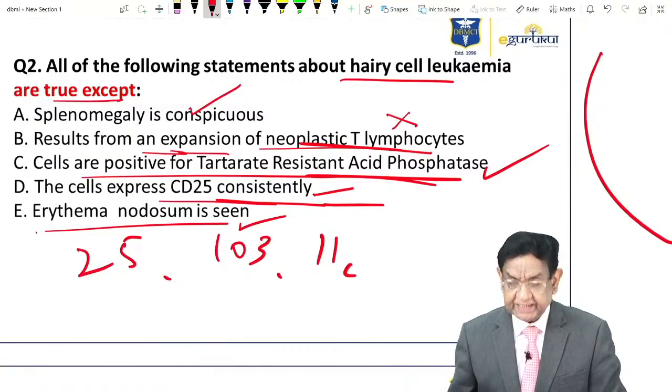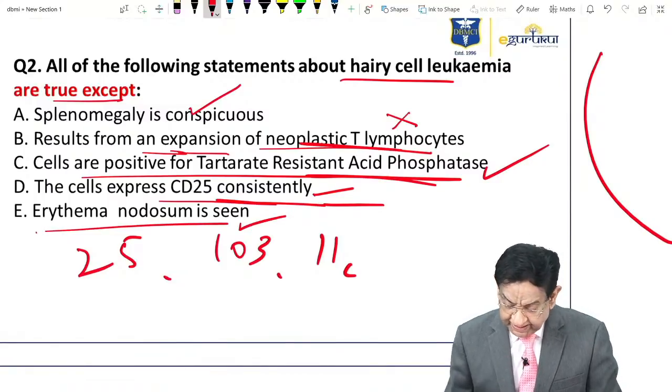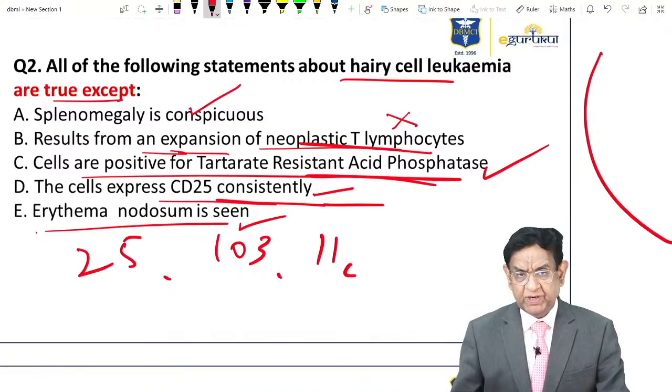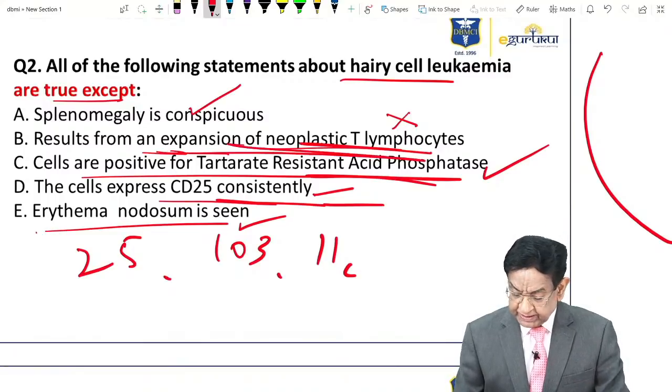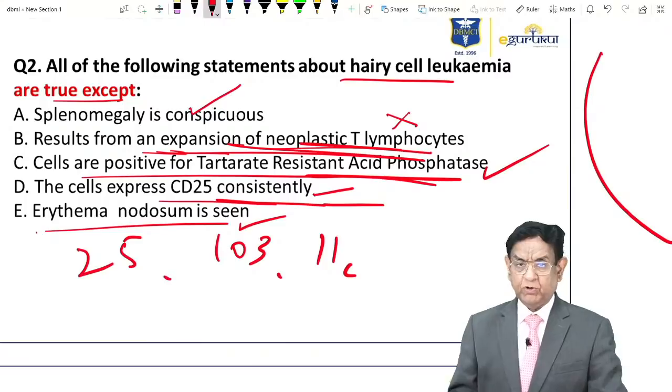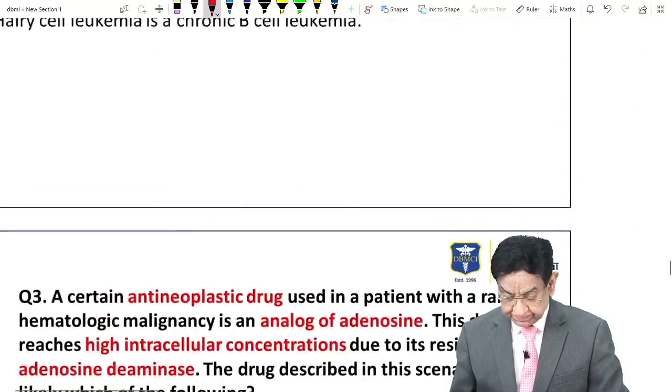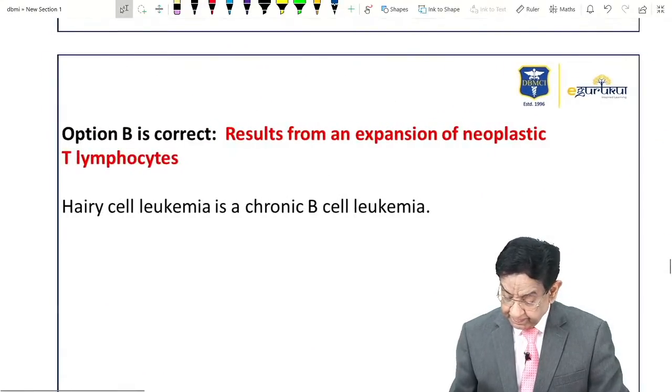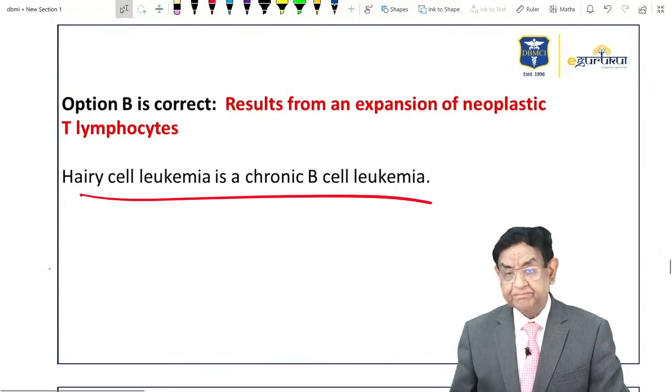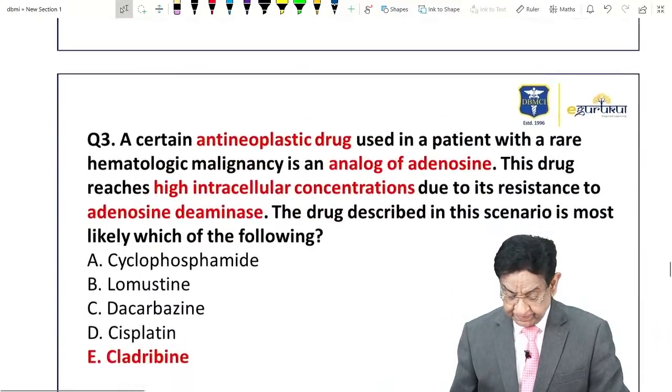Aspiration dry tap, a dry marrow tap, is seen, it is true. So very comfortably, by the rule out technique only, we can say that this is not a T cell. This is the exception. All are true except this. Okay. So hairy cell leukemia is a B cell leukemia, not T cell.